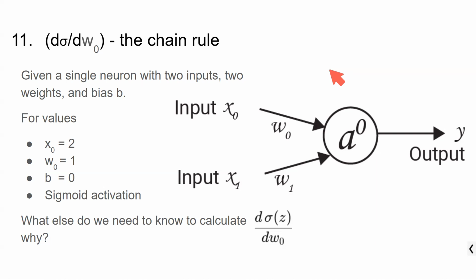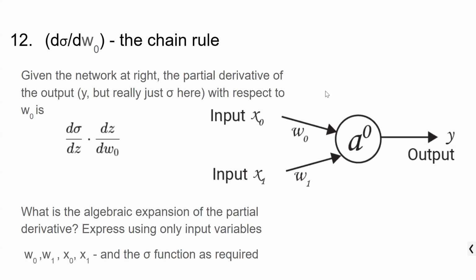Okay, it's actually not that crazy if we think about it. The actual process is not that bad. So the chain rule is this algebraic expression of these things, right? We need to look at this. My d sigma dz over dw0 is d sigma dz times dz dw0.